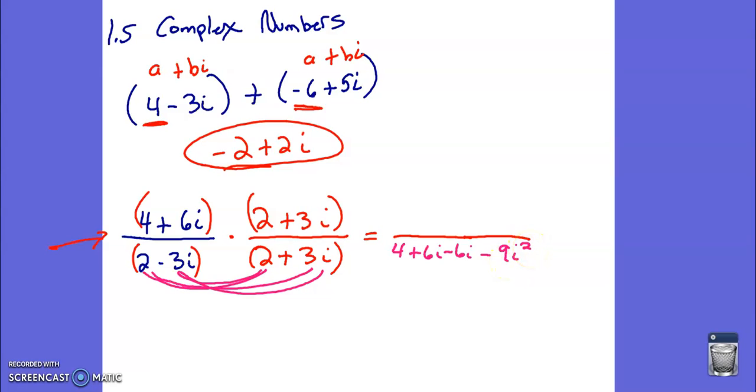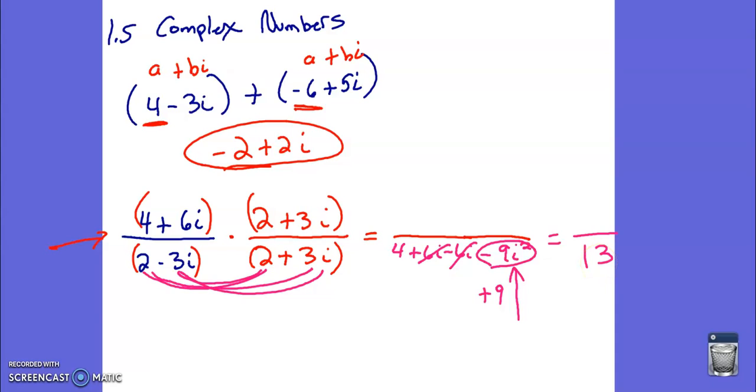And remember what i squared is, we talked about the square root of negative 1, but i squared is also a negative 1. So that right there is a negative 1. So this is going to change to plus 9. And so these cross out, and then 4 plus 9 is going to give me 13.